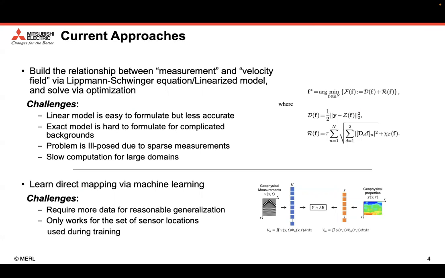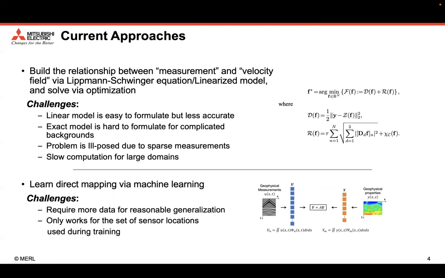It requires us to know exactly what the background is, which we do not know in these realistic settings. Other approximations use linear models, which are easy to formulate but are less accurate. And ultimately, the problem itself is ill-posed because we are acquiring far fewer measurements than we have unknowns to reconstruct.